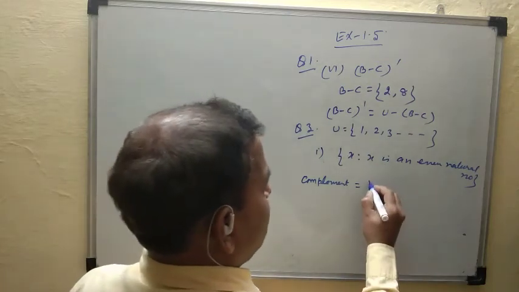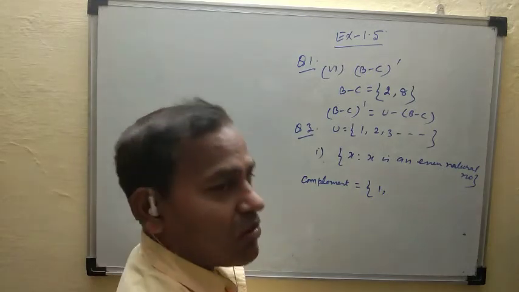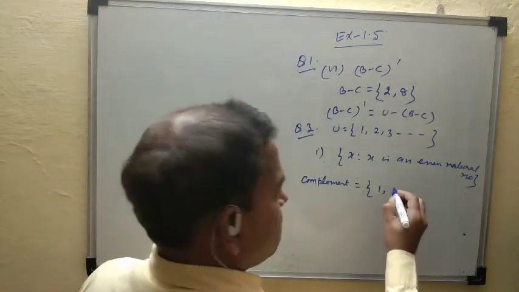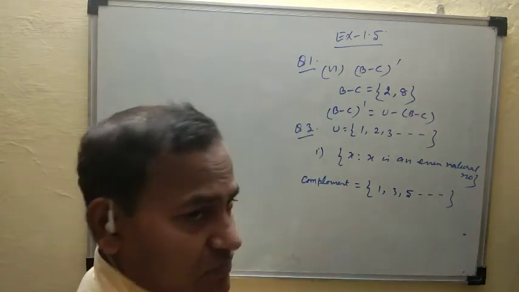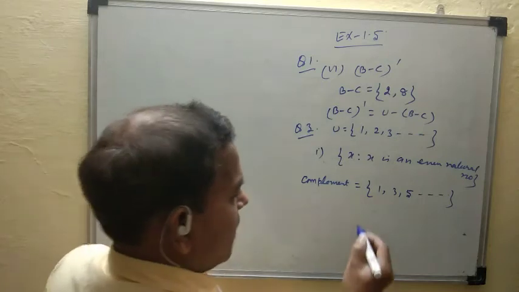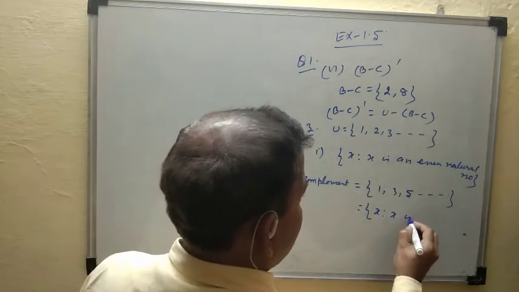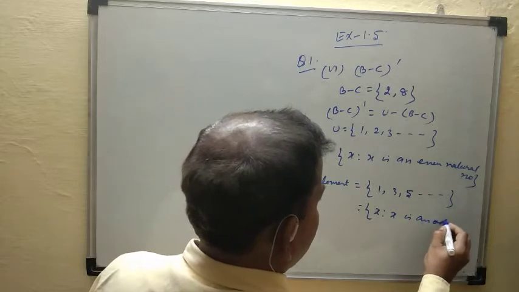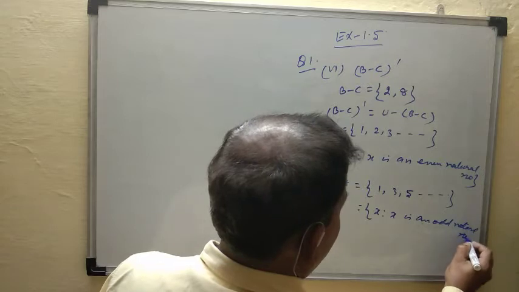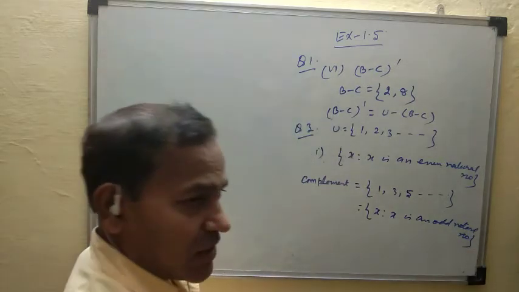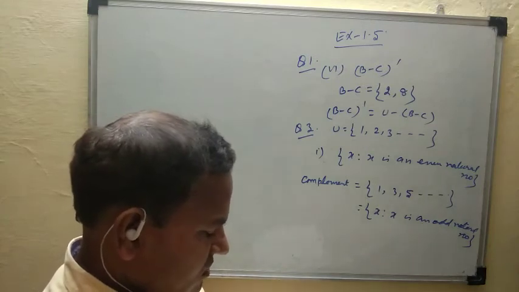If you subtract the even natural numbers, the remaining elements are all odd natural numbers: 1, 3, 5 and so on. So the complement can be written as {x such that x is an odd natural number}, that is U minus the given set. So question number 3 is also easy.